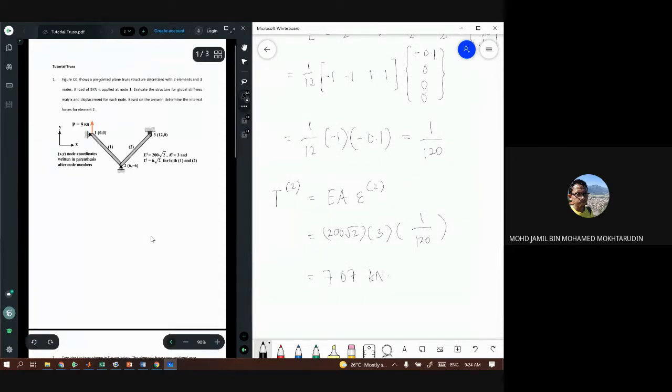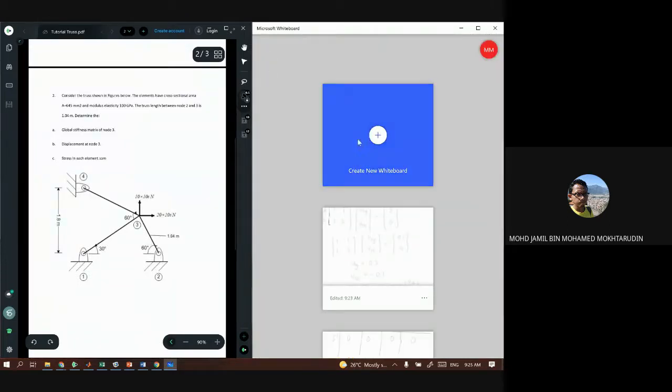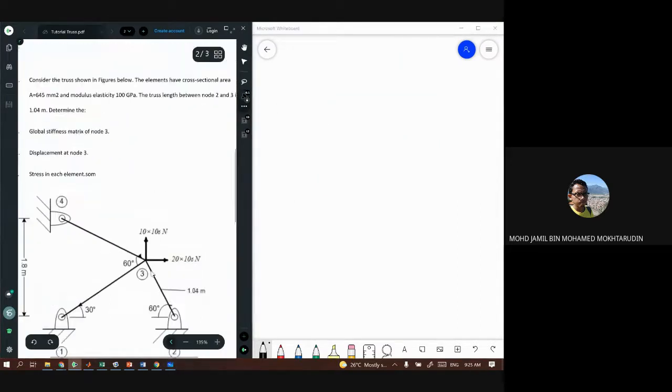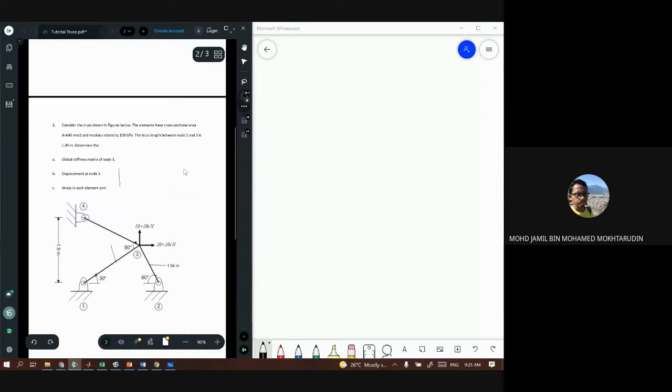Okay, so let's look at question number 2. Consider the truss shown in the figures below.